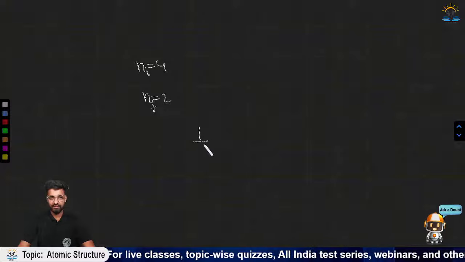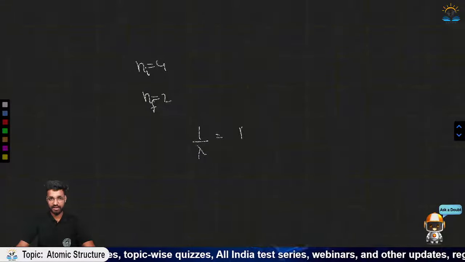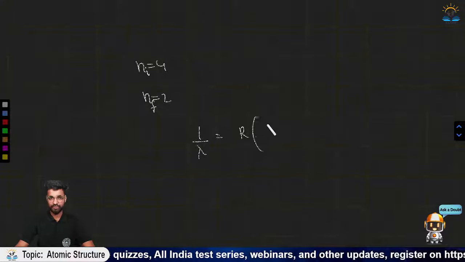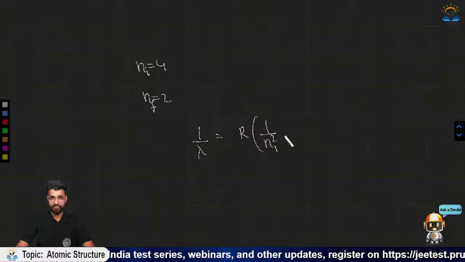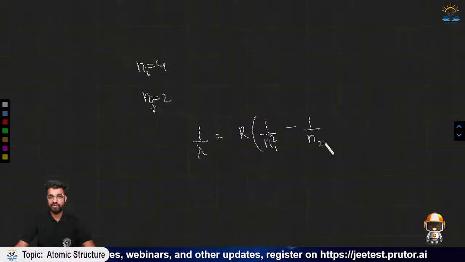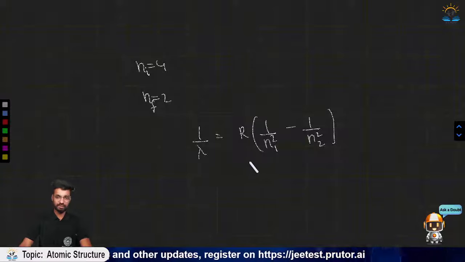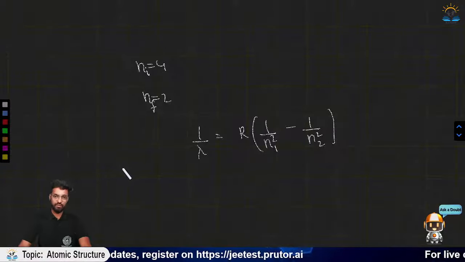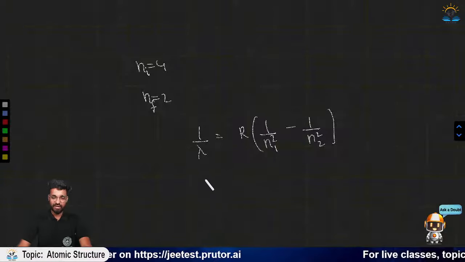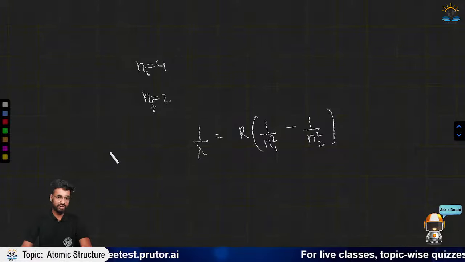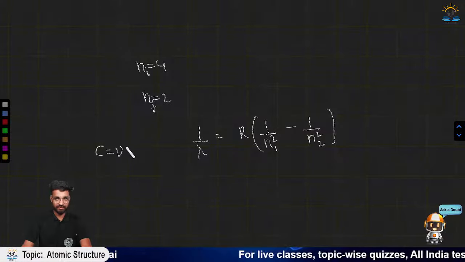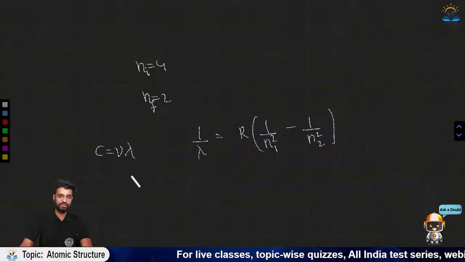So we have the formula 1 by lambda equals RH (1 by n1 square minus 1 by n2 square). If you remember the formula I mentioned earlier, c equals nu lambda.